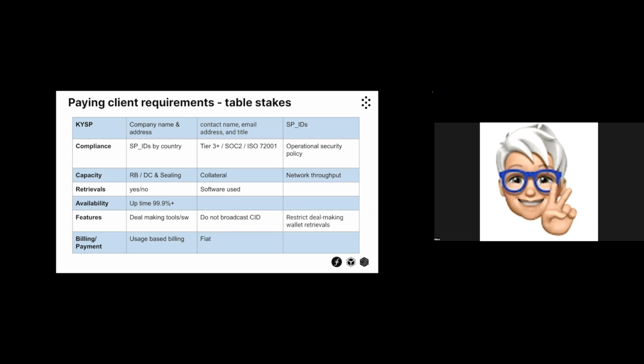So compliance, under know your customer, we've got name, address, contact, email, titles, SPIDs, those kinds of things.